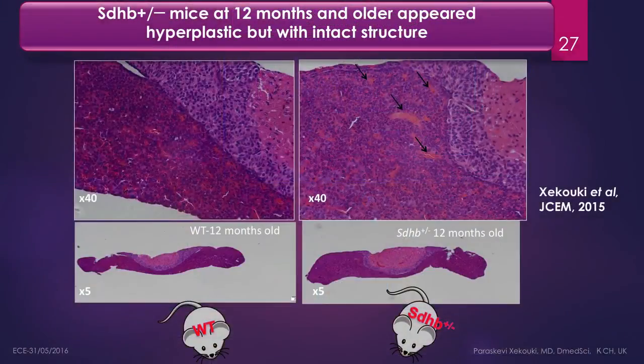Another interesting observation was these blood-filled pools that we observed in the pituitary tissues of the heterozygote mice. And similar findings have been reported in the PTTG overexpressing mice. And actually, they may be an indication that the capillaries may be of abnormal structure, so they are more prone to rupture.